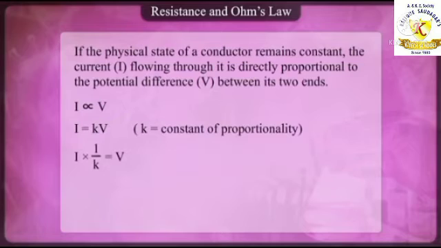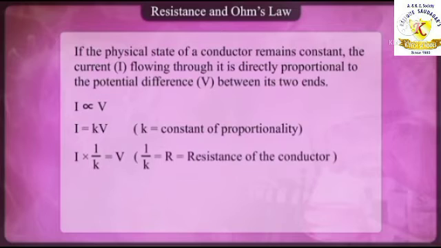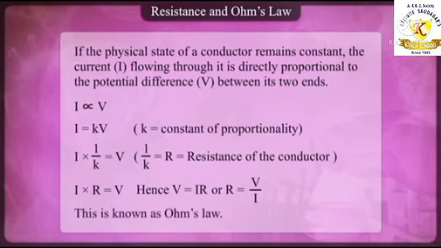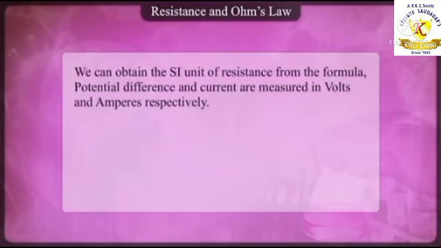I multiplied by 1 upon k is equal to V, where 1 upon k is equal to R, the resistance of the conductor. I multiplied by R is equal to V. Hence, V is equal to IR, or R is equal to V upon I. This is known as Ohm's law.